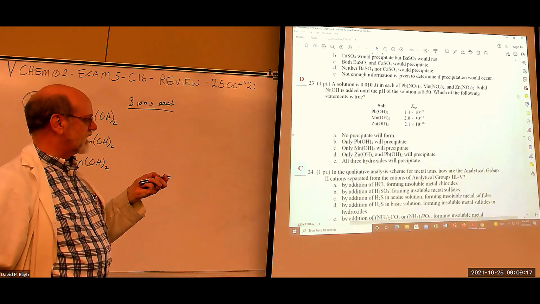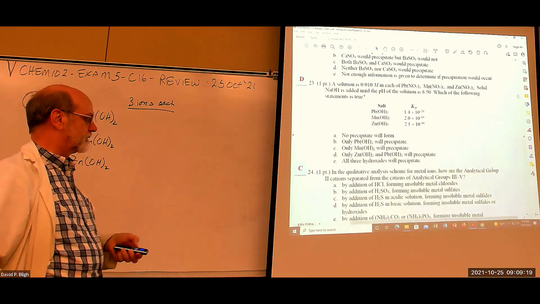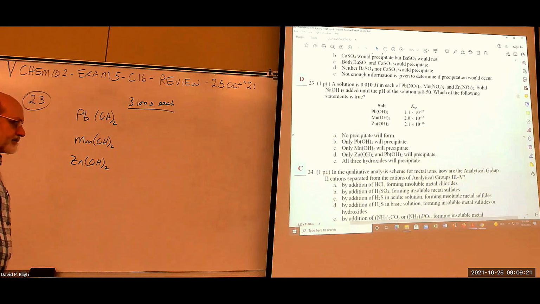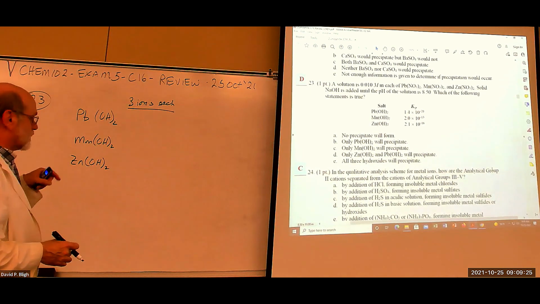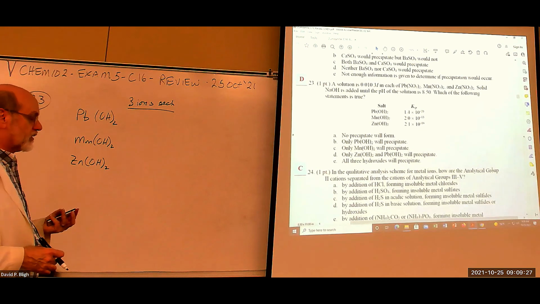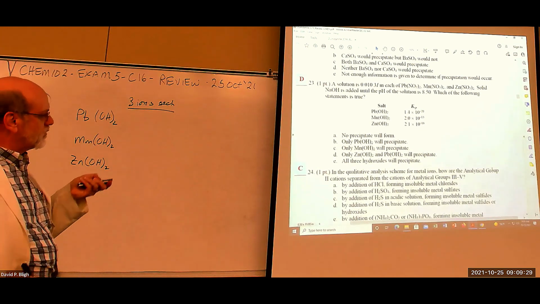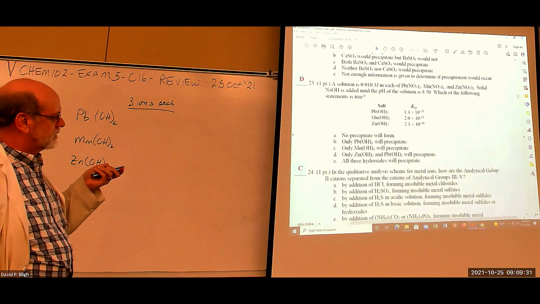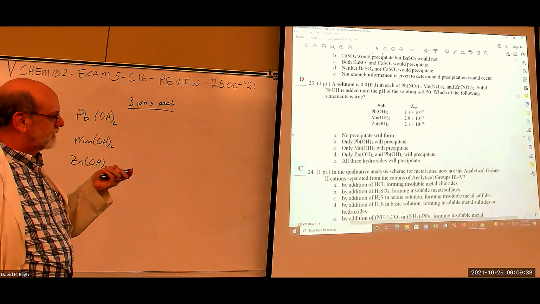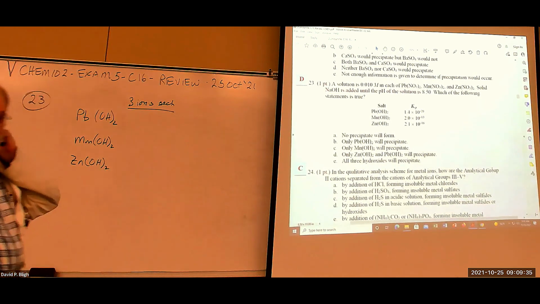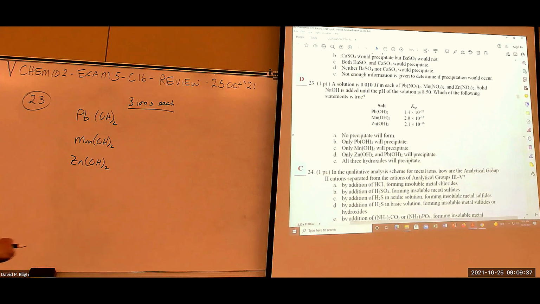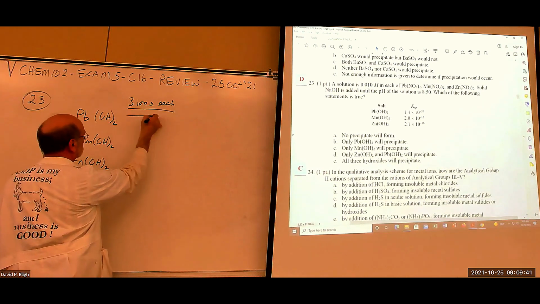Manganese hydroxide is the most soluble of all these 3. The question, though, is not just which is more soluble, but which is more soluble under these conditions. Okay. So we need to compare.